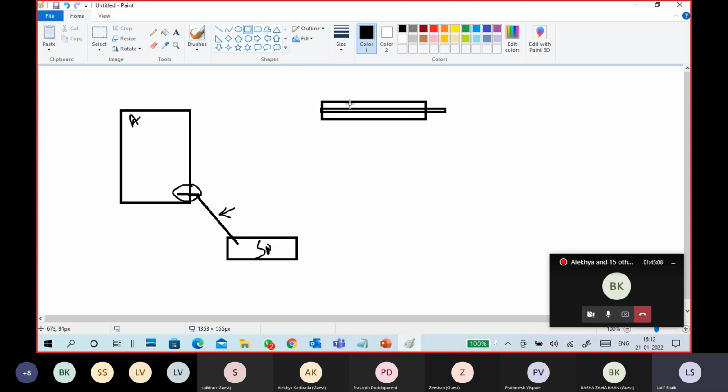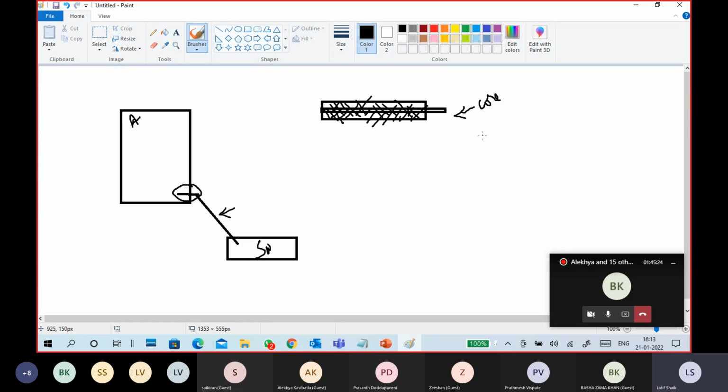On the top of it there is a copper mesh, like this. This main cable is the core cable.